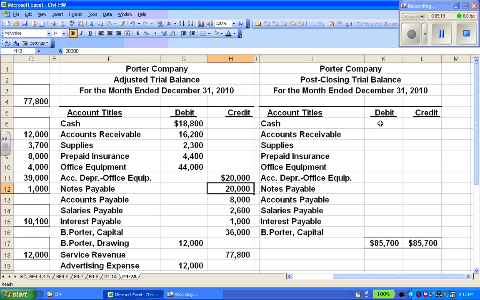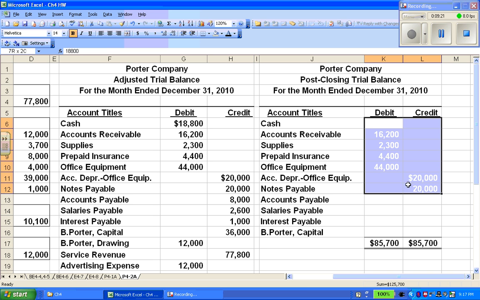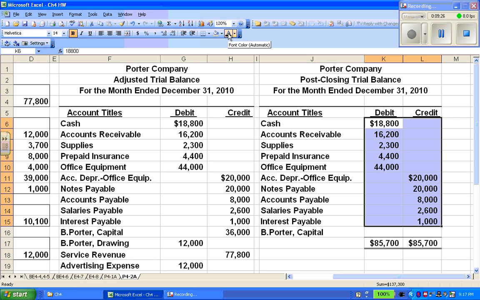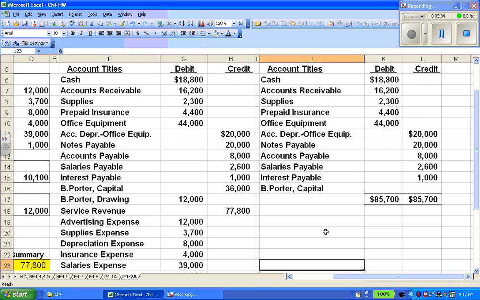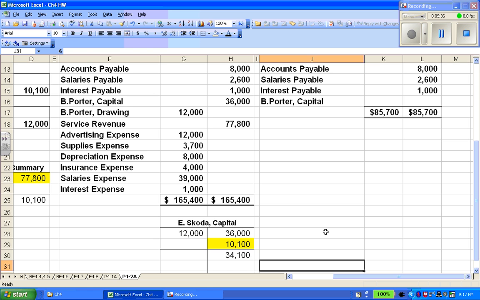If you remember, this is kind of what we did to create the balance sheet, right? Same exact thing. We took the balances off of the adjusted trial balance, and then for our capital, we looked to the owner's equity statement. Well, if we look down here at our T account, when we actually closed out all the temporary accounts, we're coming up with our ending capital of 34,100.